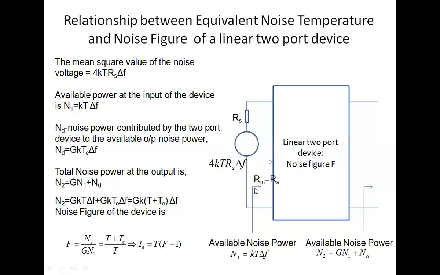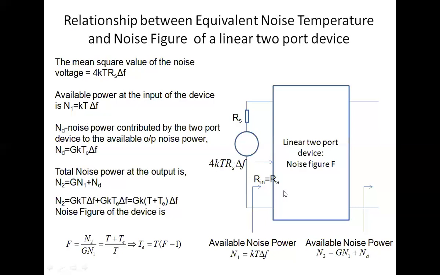When the input resistance Rin is the same as RS, the available noise power at the input of the device, which we define as N1, is kT delta F.